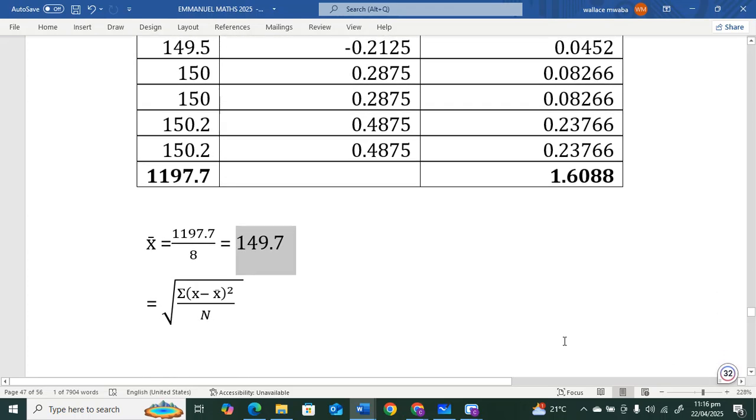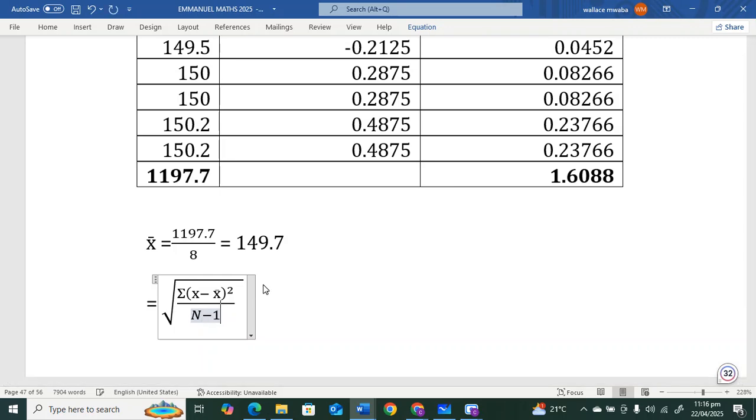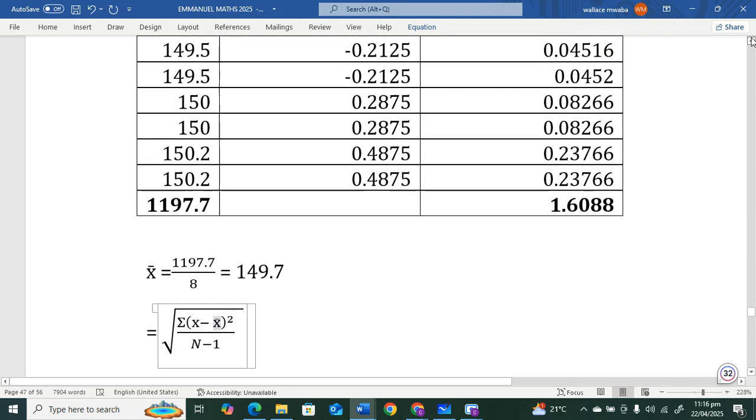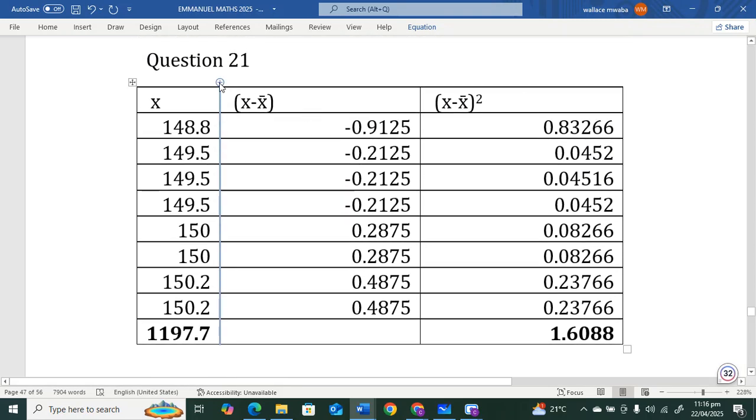So this is the formula for the standard deviation. Each value, we're going to subtract it by the mean. So remember, these are the weights here.